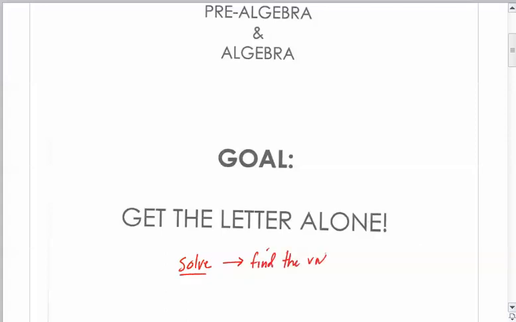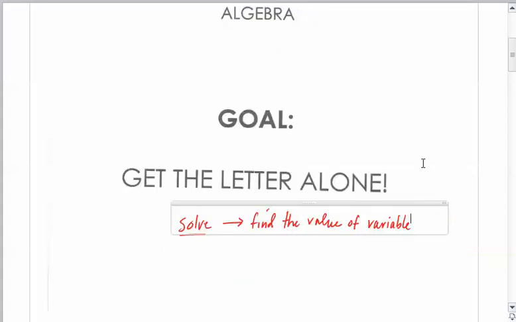Find the value. Please don't just think solve means to get the answer, because that doesn't help you. What helps you is to be specific and say, okay, solve means to find the value of the variable. So at any point, you can ask yourself, have I found the value of the variable? And if I haven't, then I haven't solved the equation.